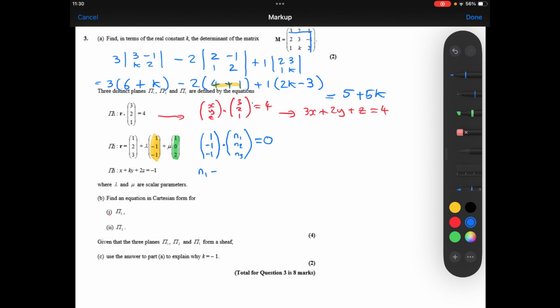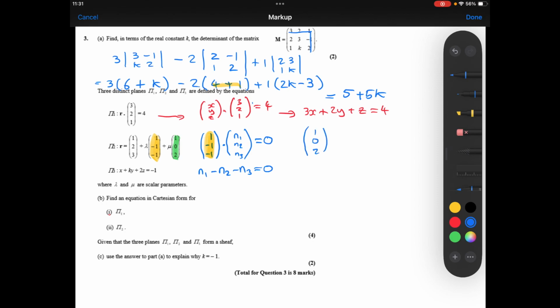1 times n1 minus 1 times n2 minus 1 times n3 is equal to 0. So that's me doing the first vector within the plane dotted with the normal vector. I'm now going to do the second vector that's within the plane.